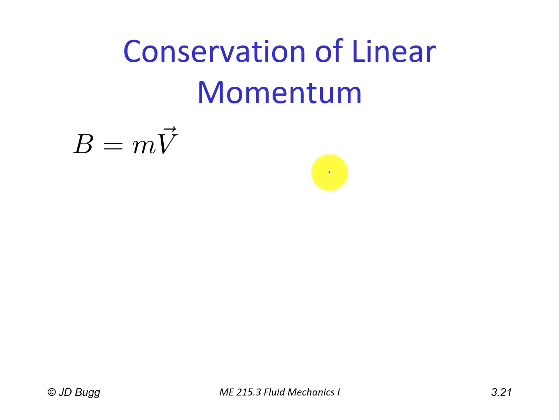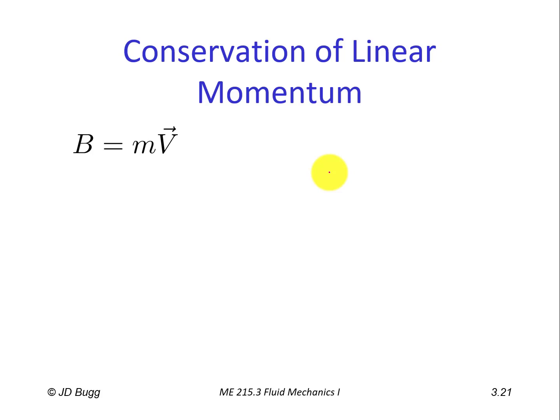Mass was a scalar, so we didn't see any vectors in that equation. But momentum is a vector quantity. It has direction. So that means in the conservation of linear momentum equation, every term is going to be a vector. So we see that coming in right away because B is going to be set equal to mass times velocity, where velocity is a vector.